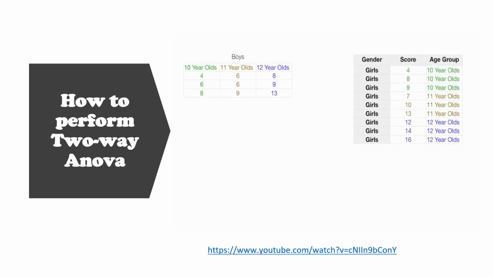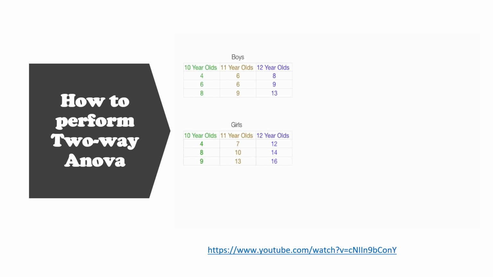And now I'm going to do the exact same thing except for the girls. Like the boys, I'm going to have 3 columns of data, 10-year-olds, 11-year-olds, and 12-year-olds. And then I'll put their test scores in for each appropriate age group. So now I'm going to build a third table.